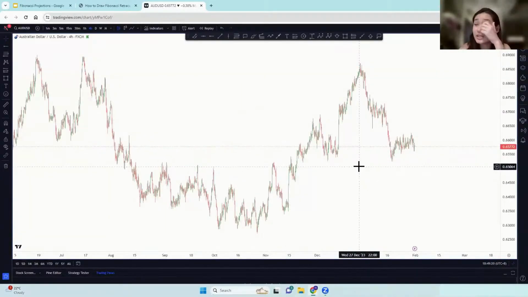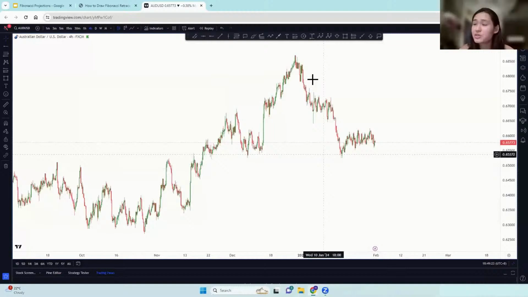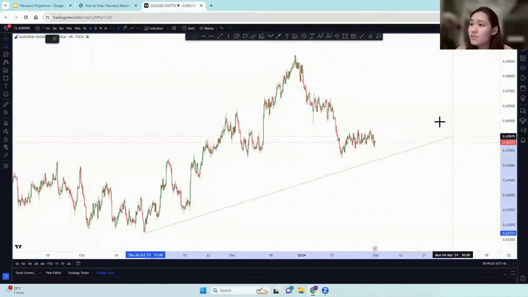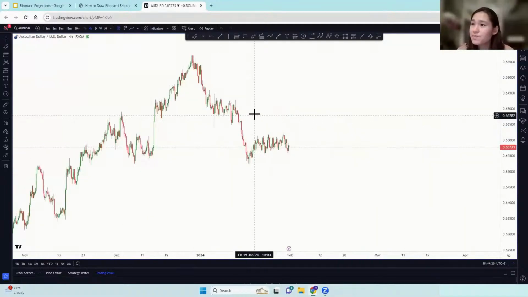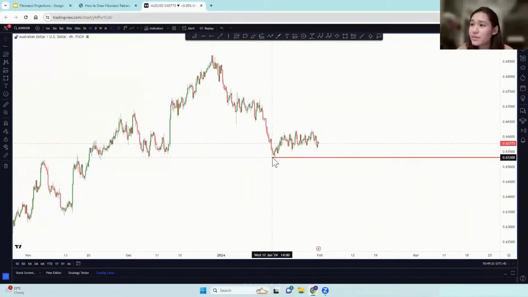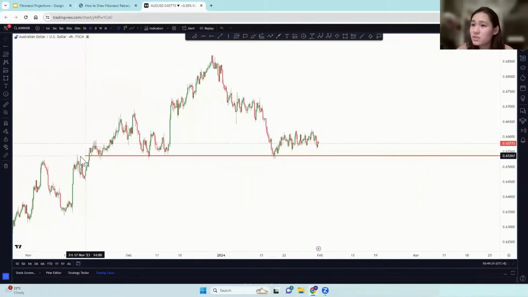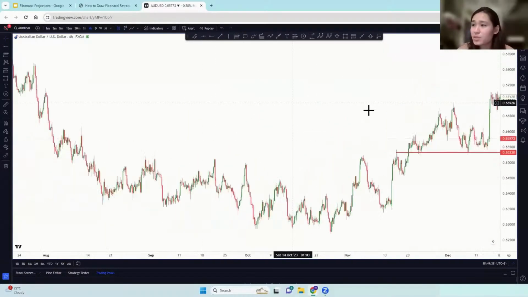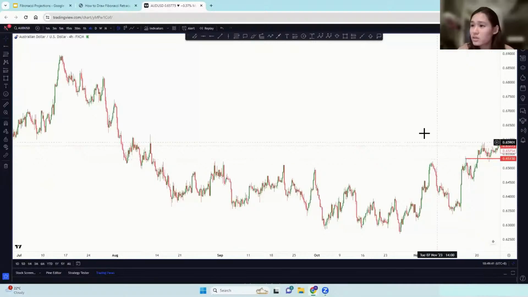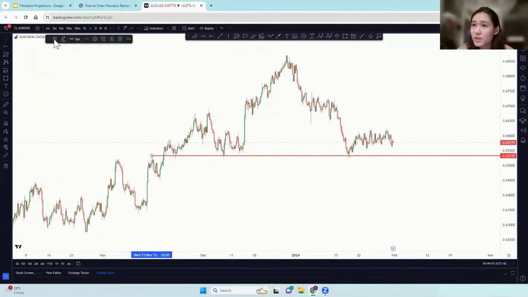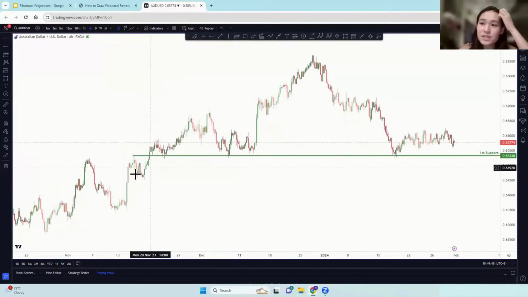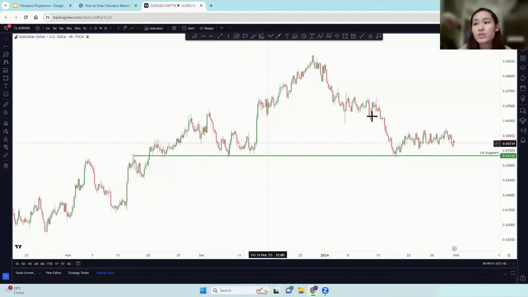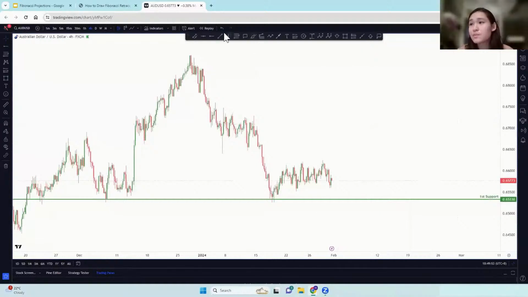Prices are also really kind of ranging as well. In fact, let's see if, okay, no, there's no trend channel. Okay, so we have a support level here, and let's see if I can pull it further back. Okay, no. So this is my first support, and you can see that it's an overlap support, which basically means that there are swing highs and swing lows that line up with that level.